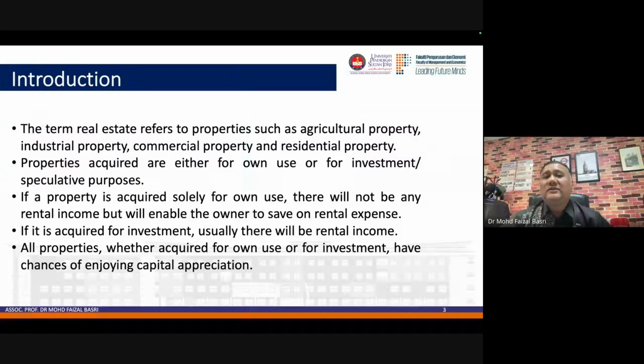So meaning the area will become a sustainable area, meaning people have jobs in the area because it's industrial, and the people who work in that particular industrial area can live in that particular residential area as well.